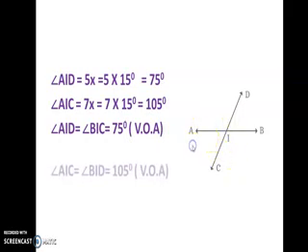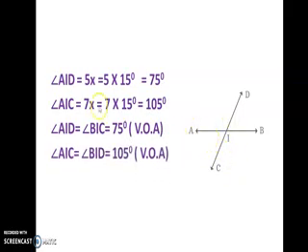Again you know the value of angle AIC, that is 105 degrees. And also angle BID is the vertically opposite angle of this angle AIC. So these two are also equal according to theorem 3.1. So the angle BID is also equal to 105 degrees. Now you have found all the angles in that figure.